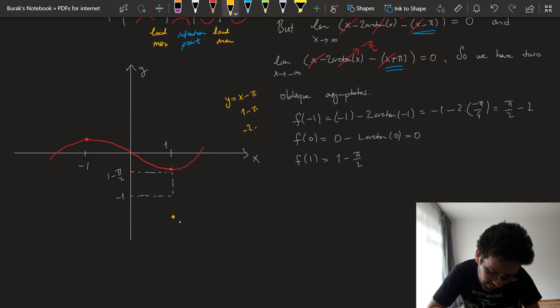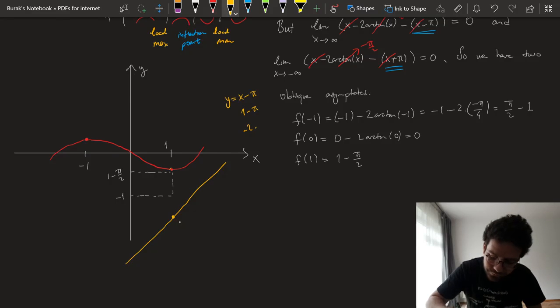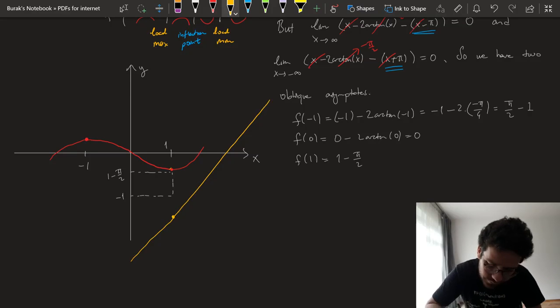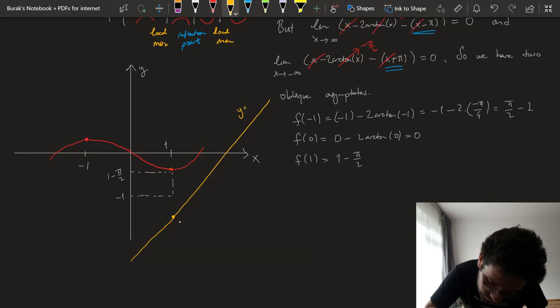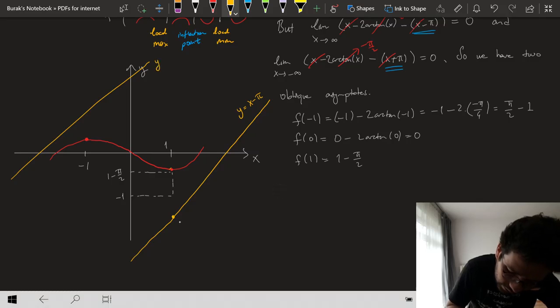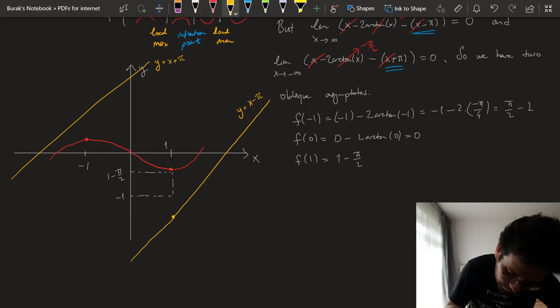So it's going to be over here. So this line actually looks like this. The slope of this line is 1, and similarly this line y equals x plus pi is going to be over here.